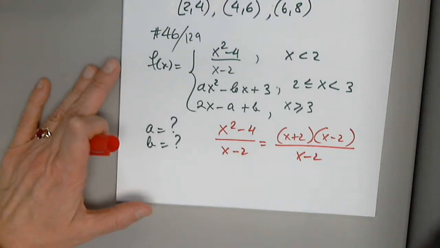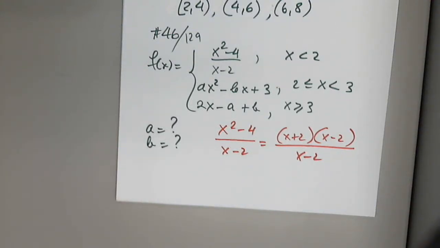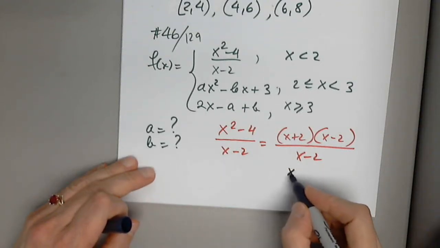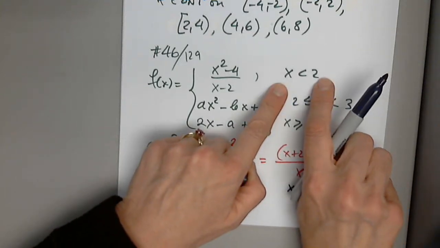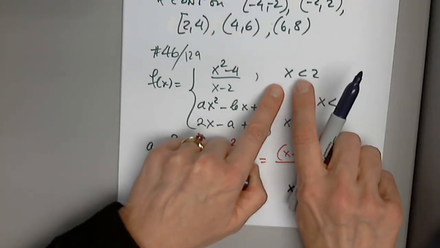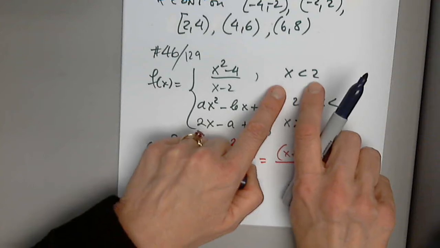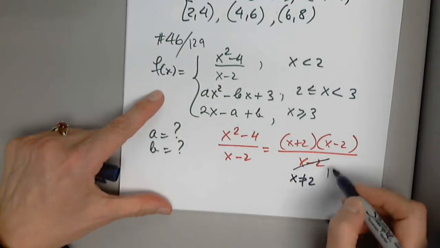And now I would like to simplify by x minus 2. But before I simplify, I have to make sure that x does not equal 2. But it doesn't. I'm safe, right? I don't have to exclude anything. This specifically says x less than 2, so I'm okay.